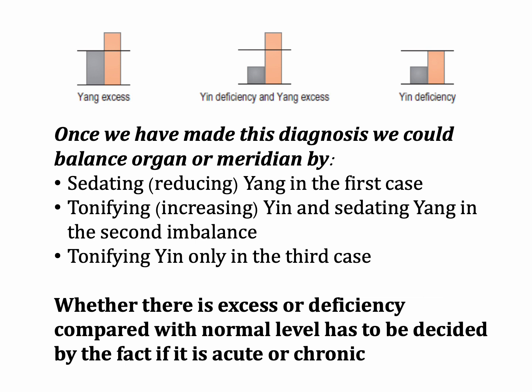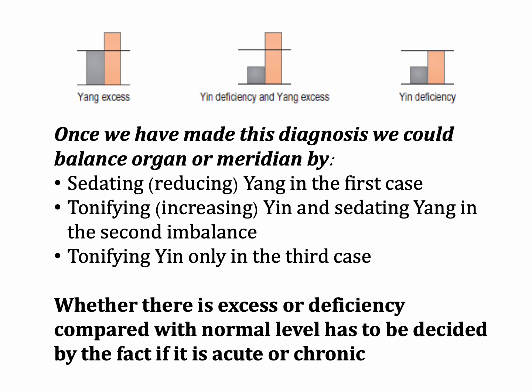Once we have made this diagnosis, we could balance the organ or meridian by sedating or reducing yang in the first case, yang excess, tonifying or increasing the yin and sedating the yang in the second imbalance, and tonifying yin only in the third case.